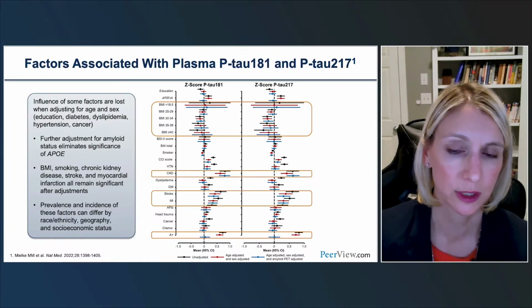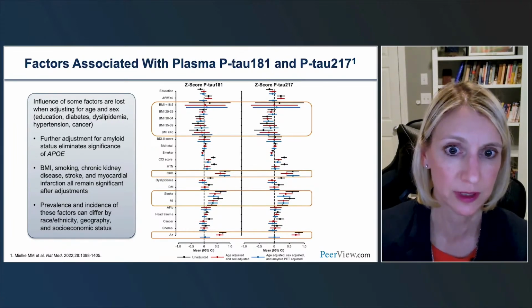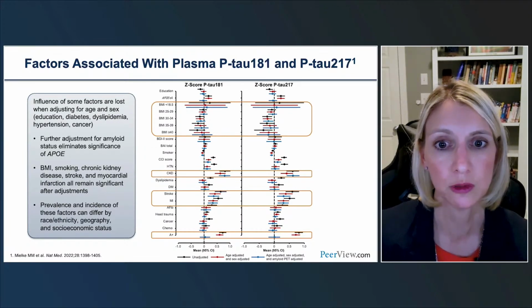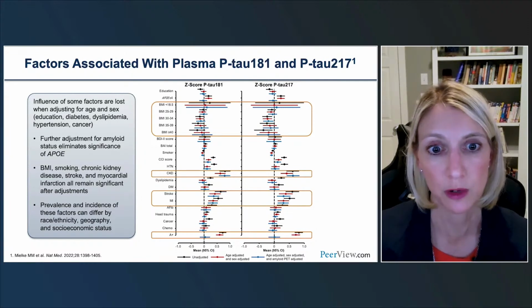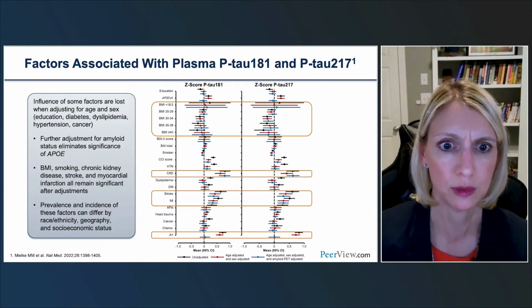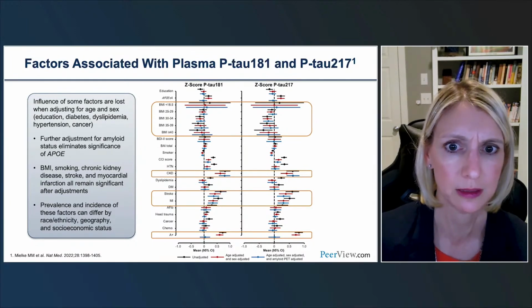So as we start thinking about, for example, Black-white differences, there may be differences in the levels, but it could very likely be due to differences in the prevalence of the comorbidities as compared to specific genetic differences.